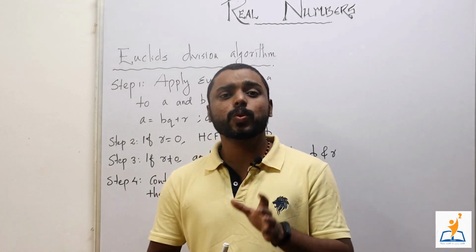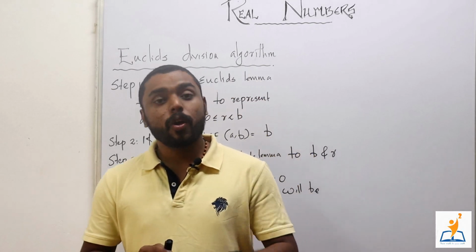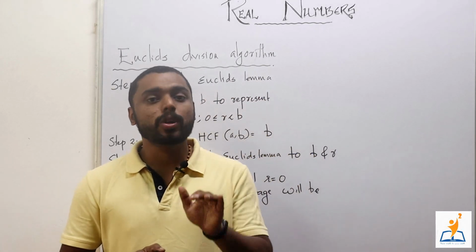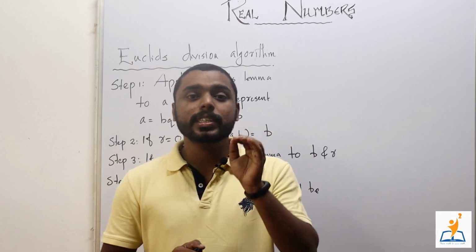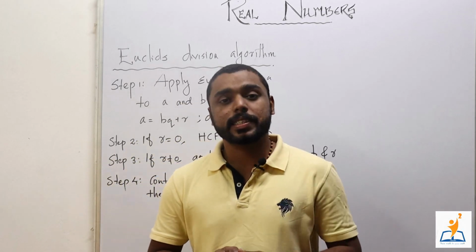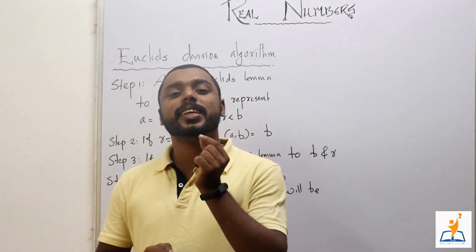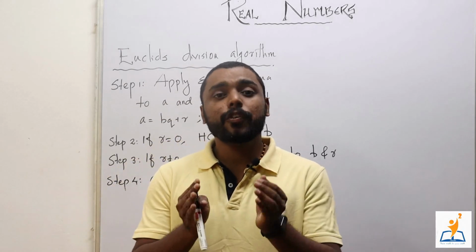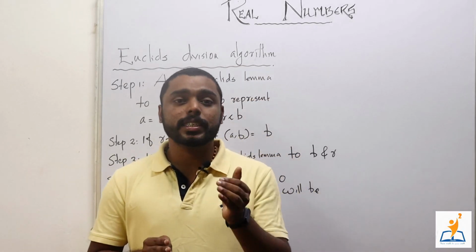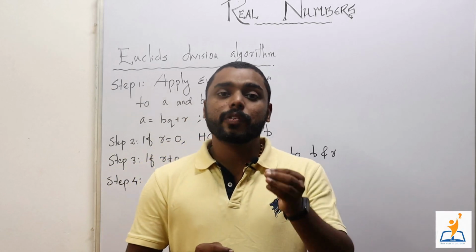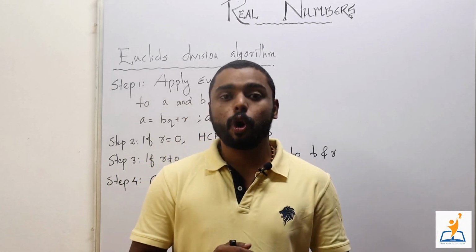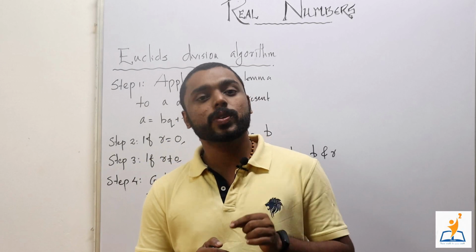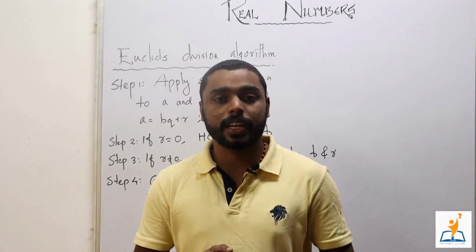Now, what is the use of Euclid's division lemma? One of the most important uses of Euclid's division lemma is that we can find the HCF of any two arbitrary integers. If we are provided with two integers a and b, we can easily find the highest common factor of a and b using Euclid's division lemma.